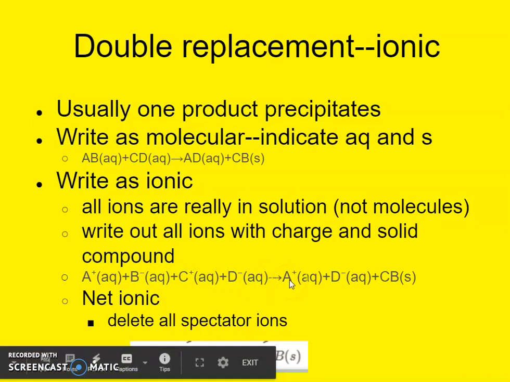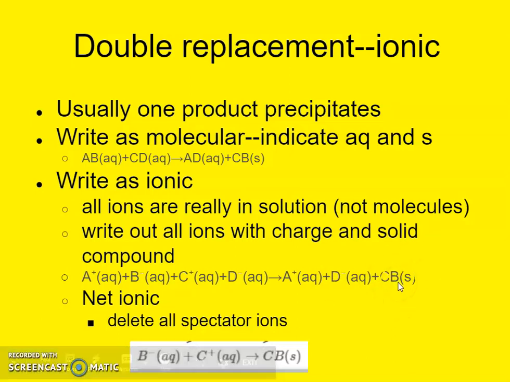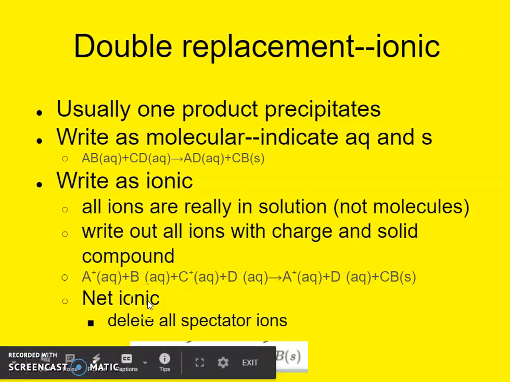All right, and then our products are going to be A positive aqueous, D 1 negative aqueous. And then the CB actually is our solid, which forms a compound, okay? And then once we look at these, we can really see that the A and the D are the exact same on both sides of the reaction.